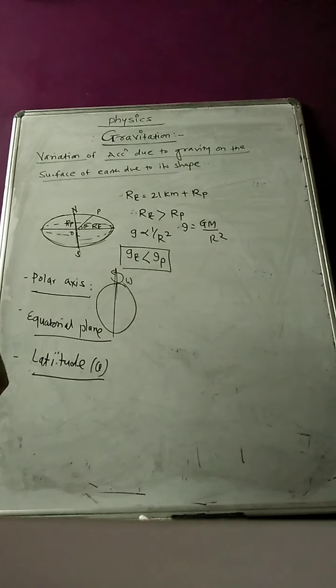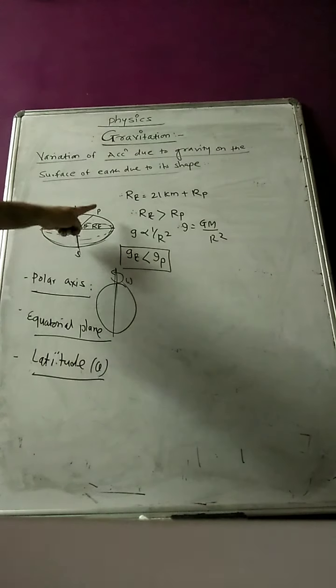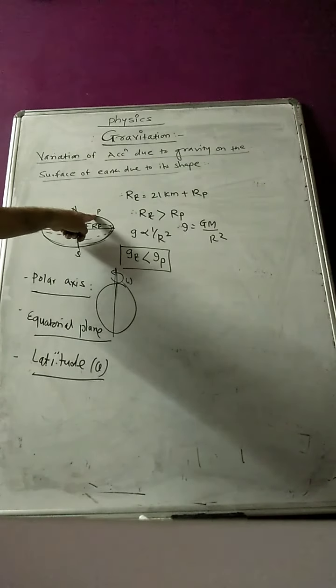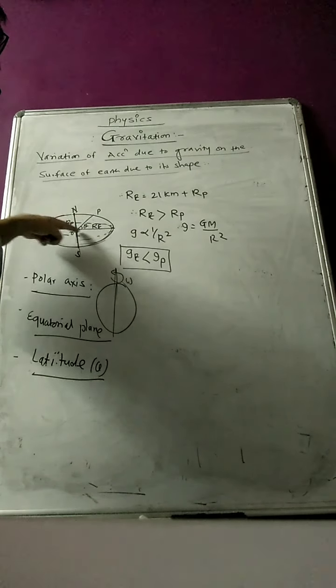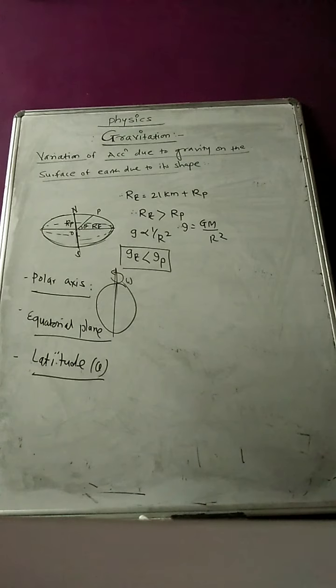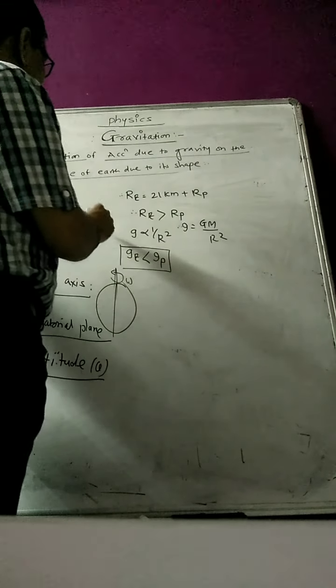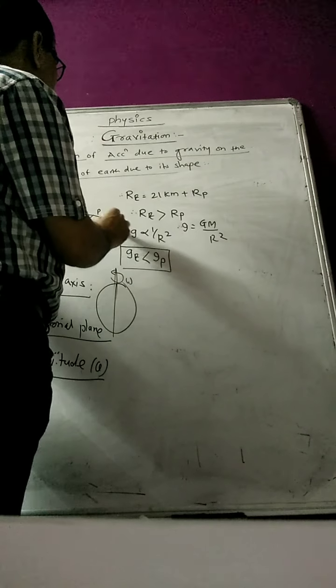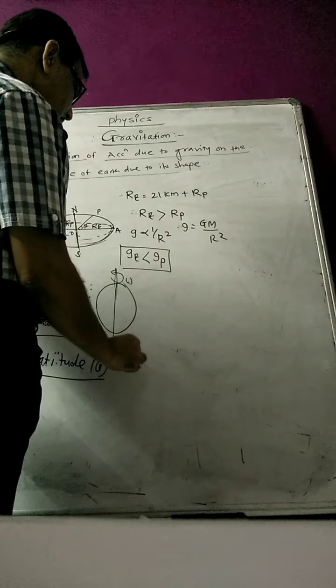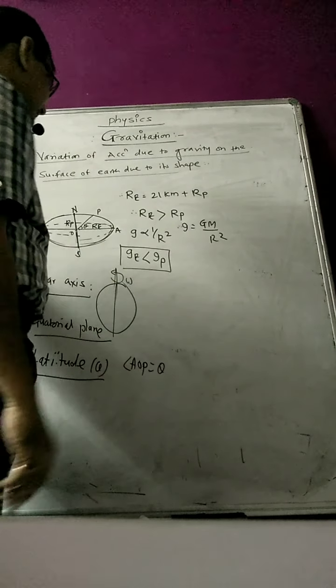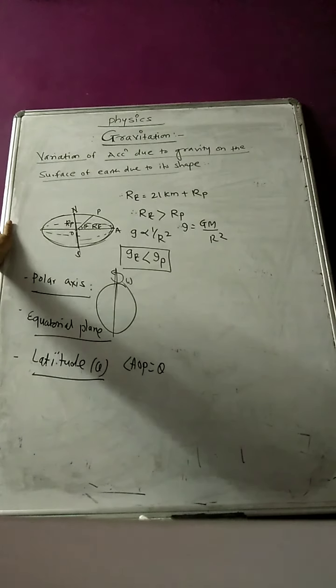Again, latitude at a place P is defined as the angle which the line joining the place P to the center of the earth makes with the equatorial plane. If I call this OP, and suppose this is A, then the latitude is angle AOP, which is equal to theta.